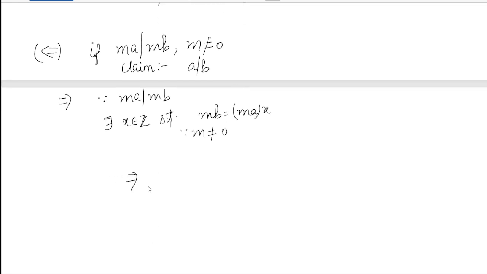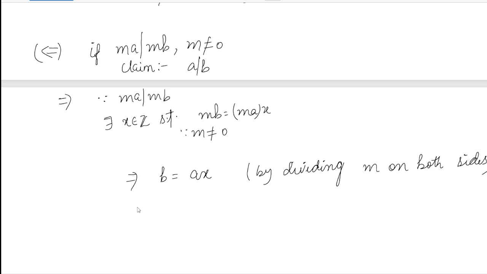Then we get B is equal to AX. Hence, by the definition, A divides B.